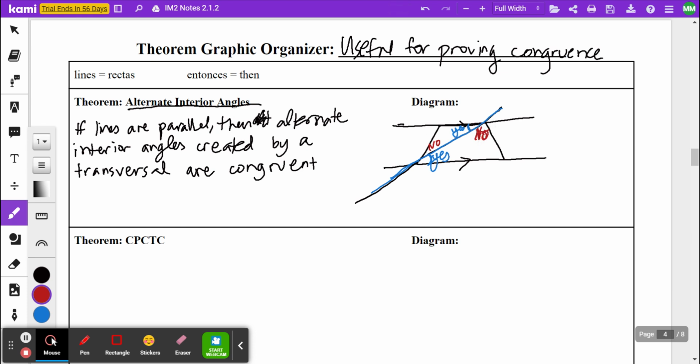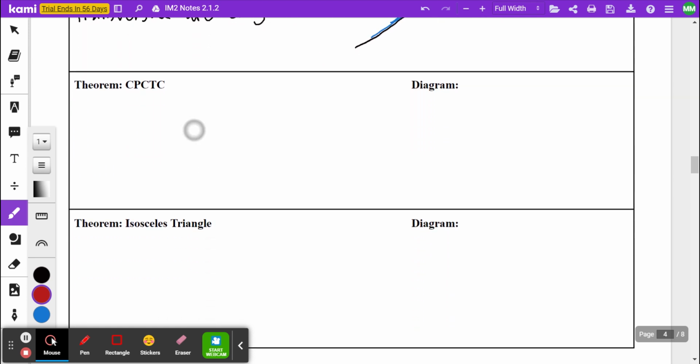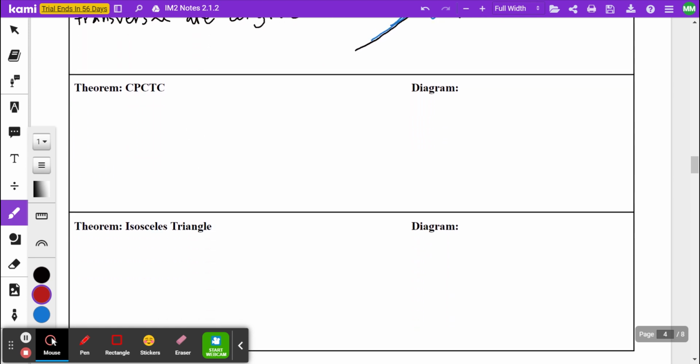All right, let's go. Theorem, CPCTC. That's the one we were just talking about when we were doing the problem where first we proved something was congruent, and then we used that to say that the corresponding parts were congruent. In short form, you're welcome to use the letters CPCTC.